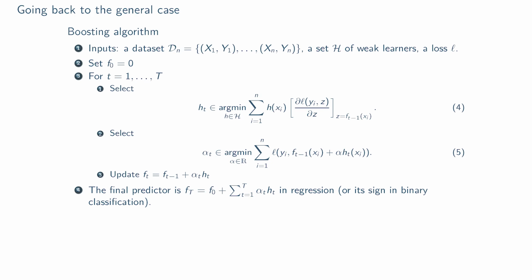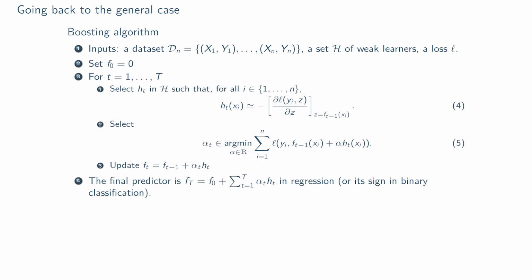Notice that to optimize equation 4, we want to obtain a value of h of xi that is close to minus the partial derivative of L with respect to z, where z equals f t-1 of xi. We can therefore approach this optimization problem by looking for a predictor ht that is close enough to this negative derivative for each observation xi, yi.